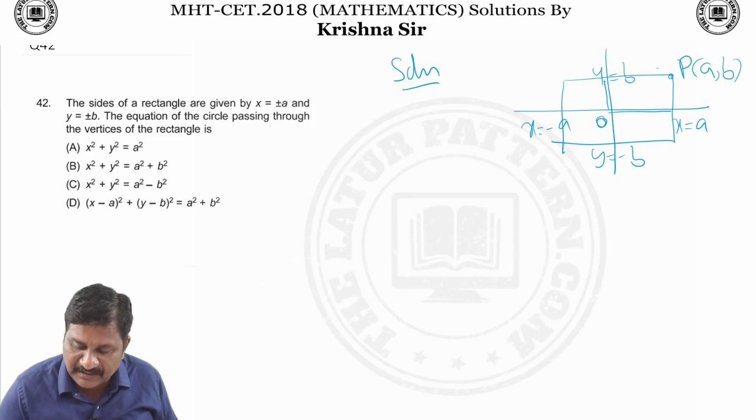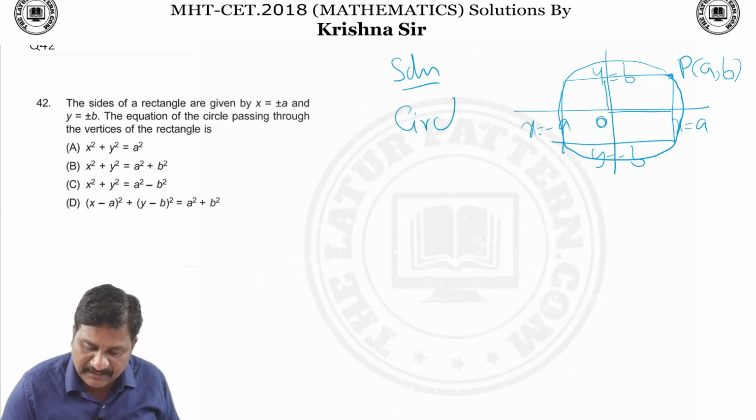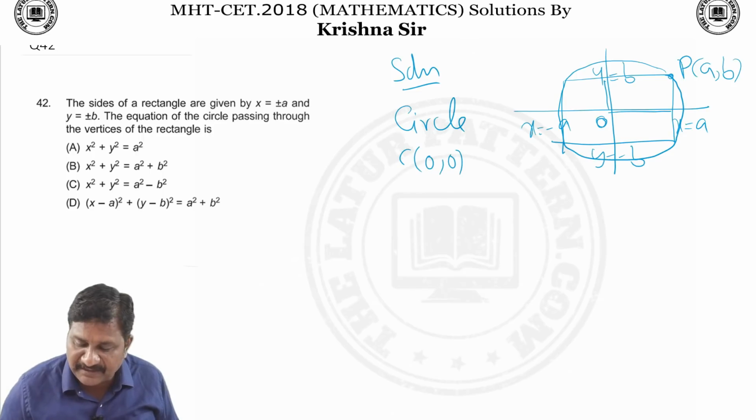Now the circle is passing through these vertices. Now we want to find out the equation of circle, whose center is origin 0 comma 0. Now you find out the radius. The radius r is equal to OP, O to P is the radius. That is the distance between origin and P, that is root over a square plus b square.